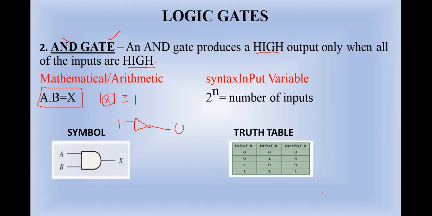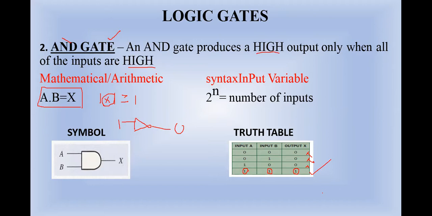That's the definition of the AND gate. Looking at the truth table, only when both of the inputs are high will it give you a high. Anything less than this, it's going to be a low there, and a low there. Only when all the inputs are 1 will it give you a 1.